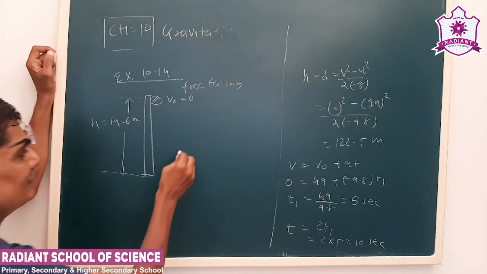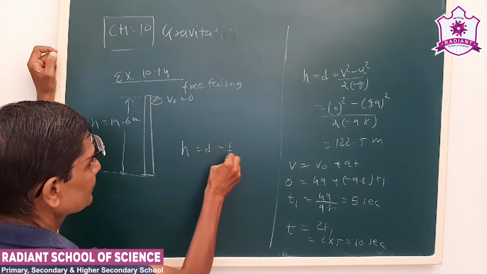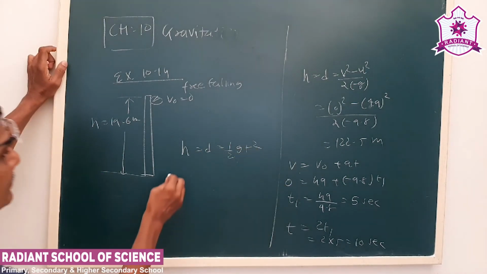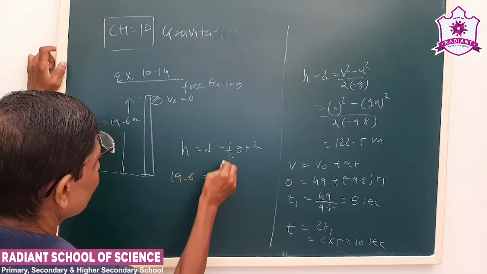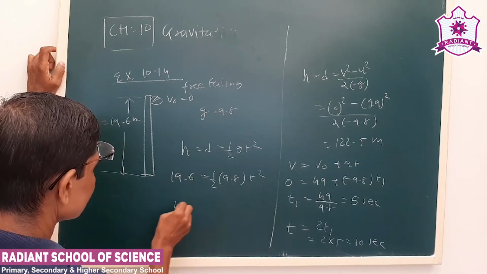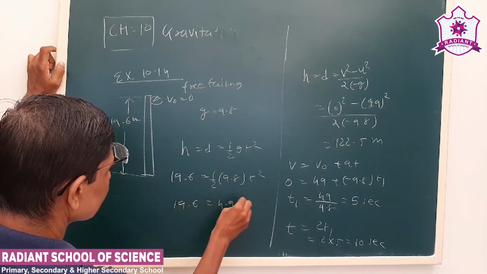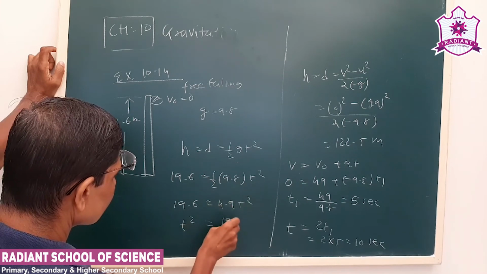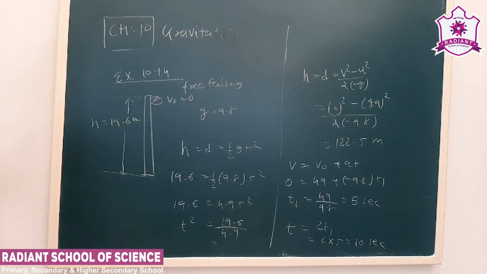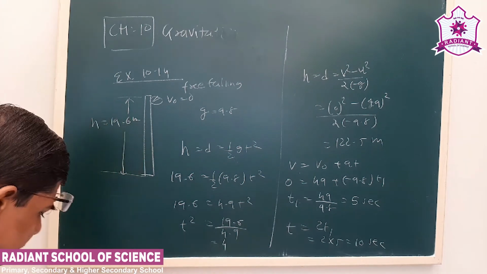Now see, h or d is equal to half g t square. That is the distance covered by a free falling object. 19.6 is 1 by 2, g is 9.8. Yes, t square we get as 4.